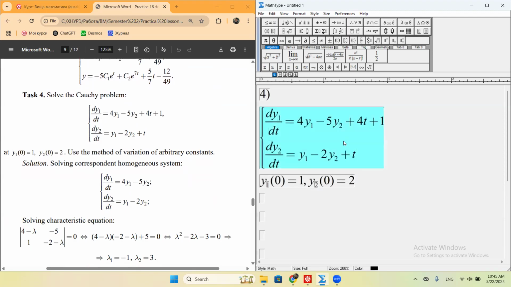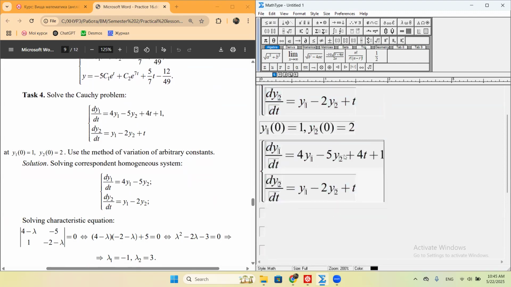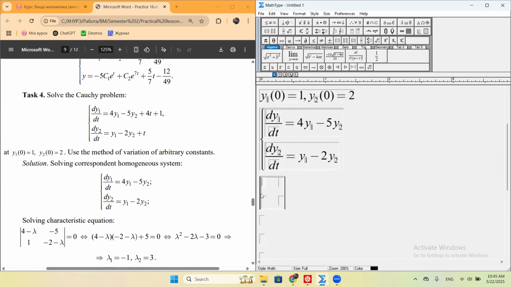So let's solve the homogeneous system first of all using the Euler method. The matrix with 4 minus lambda, minus 4, 1, and minus 2 minus lambda, equals 0.